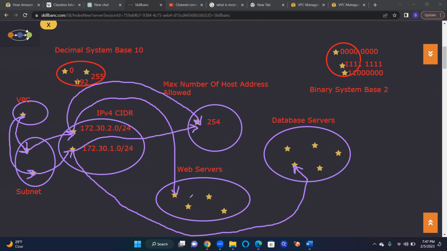When I launch my web server, I can put that web server in the default VPC and in this subnet. And when I launch my database server, I can put that one into my other subnet. This is how, behind the scenes, the IP addresses for each of these machines will be allocated.